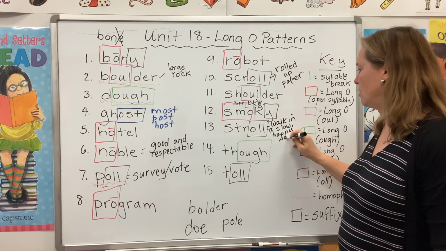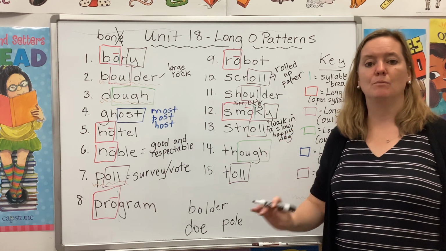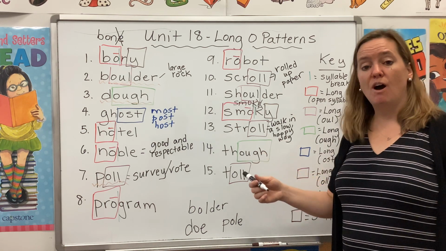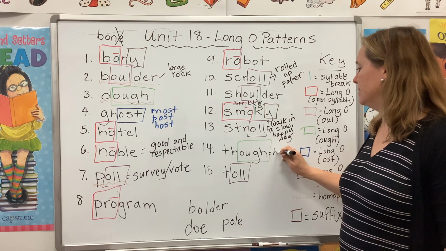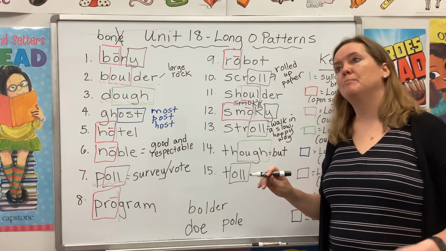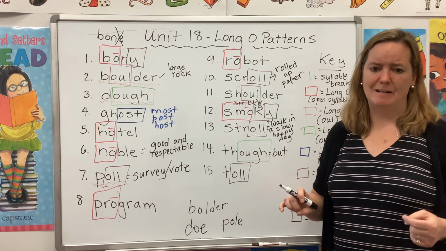Okay, sometimes we call it a leisurely walk. We're not in a hurry to get anywhere. We're just enjoying our time. Though is another word for but, right? I like pizza, though I think I want to have a burger tonight.